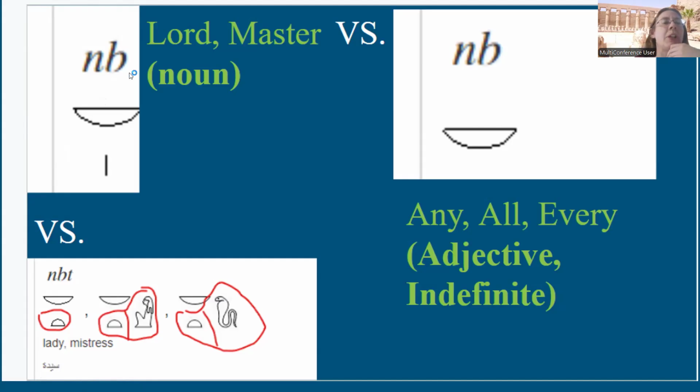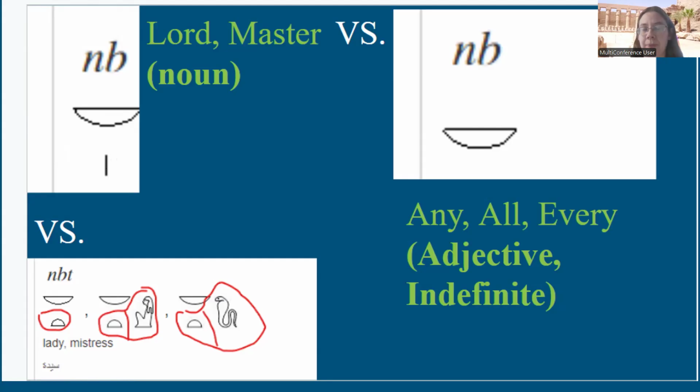vowels. One of the clues for, okay, are you looking at neb as a noun or as an adjective, is do you see the plural or singular strokes at the end of the word. So here, where it's functioning as a noun, you have that one stroke telling you that this is a singular, because nouns are one of the word classes that have those strokes.